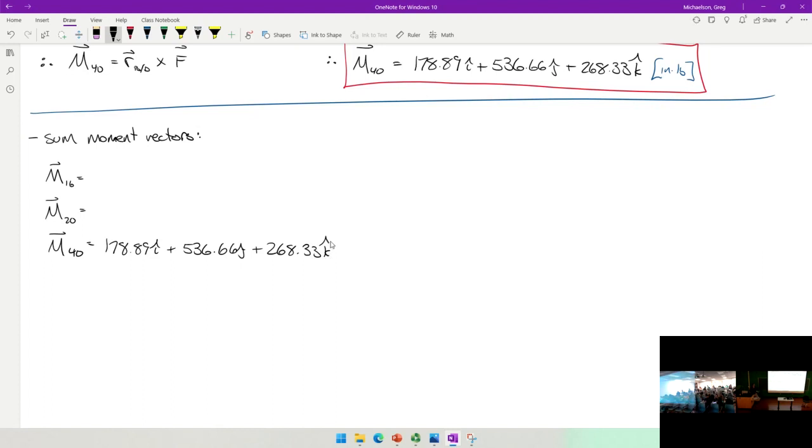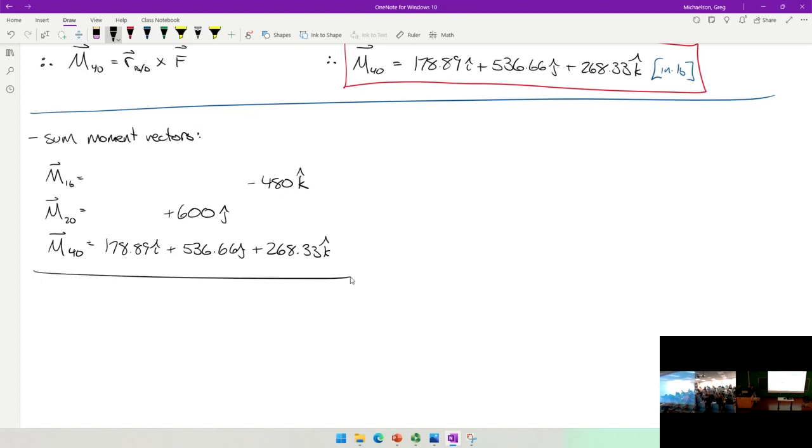But what was M20? M20, if I remember correctly, was 600J. Is that what it was? So we'll just put that right there. And then what was M16? It was negative 480K. So we'll just put that right there.